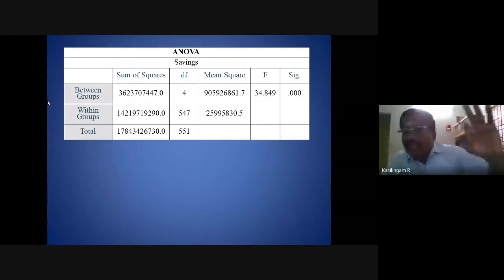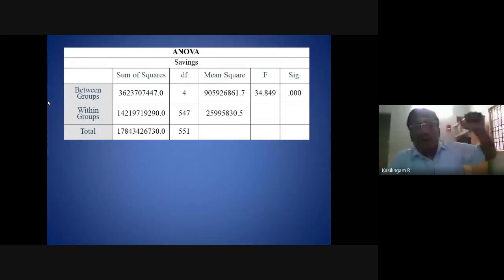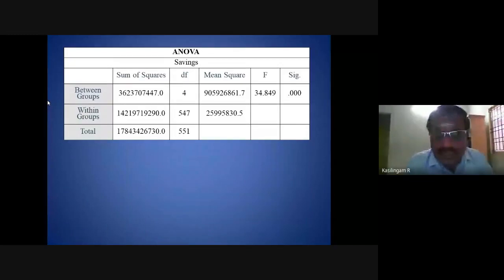What is the null hypothesis? There is no difference. Now you need to understand why we use the word difference. Because we are comparing the means. See, I will compare my son with the others to find out whether my son is different from others or not.